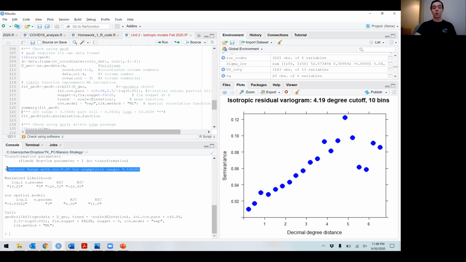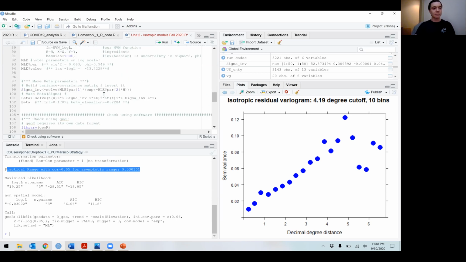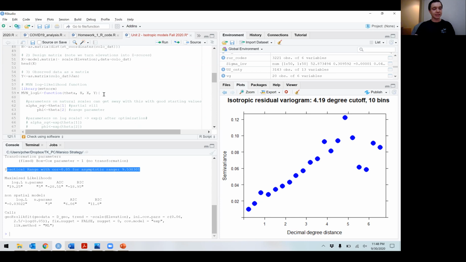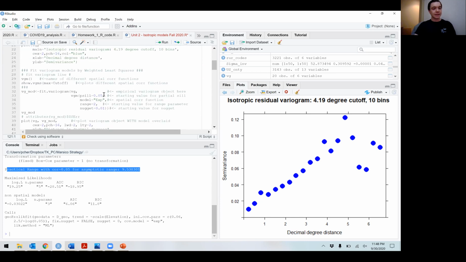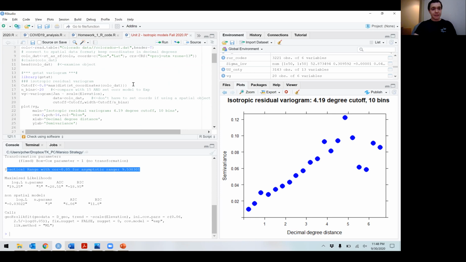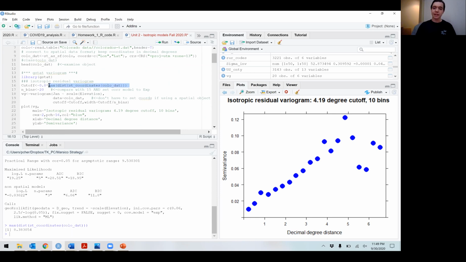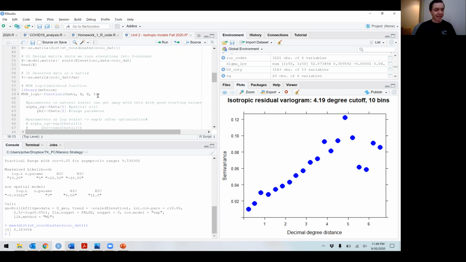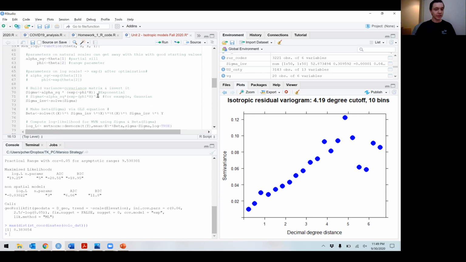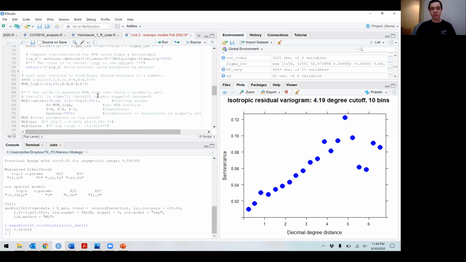Although I am questioning somewhat whether our practical range is 9 decimal degrees. That is huge. The maximum observed distance in our data, I believe, is just around there. The maximum observed distance in our data was 8.3 decimal degrees. So what we're saying is the 2 farthest points in our data set are still spatially correlated.